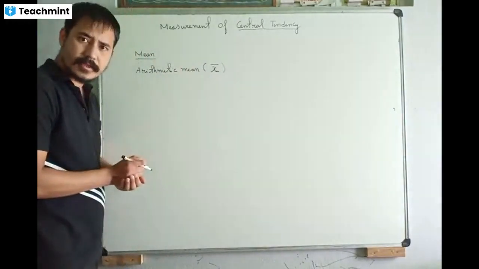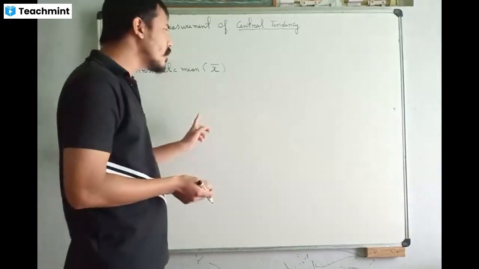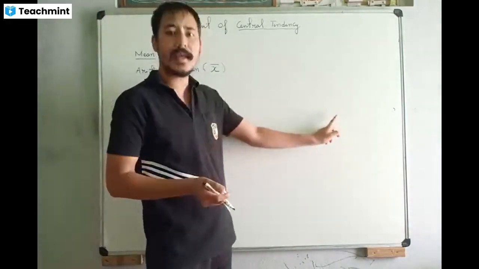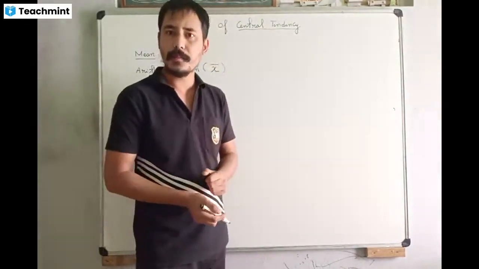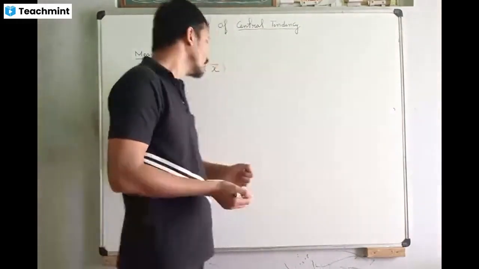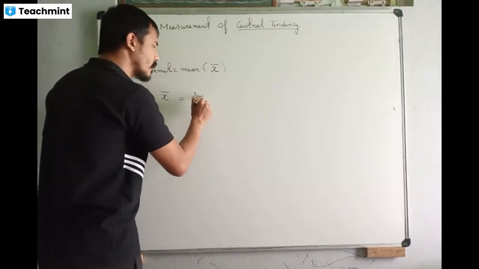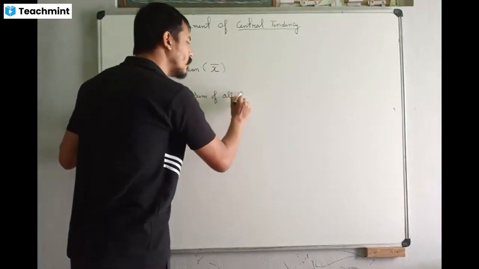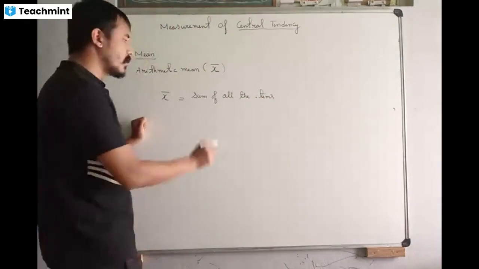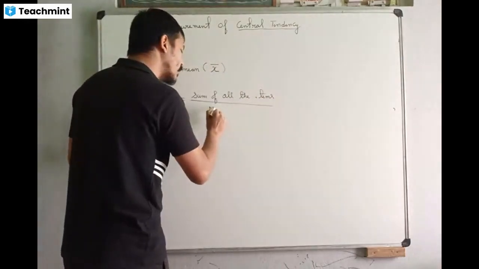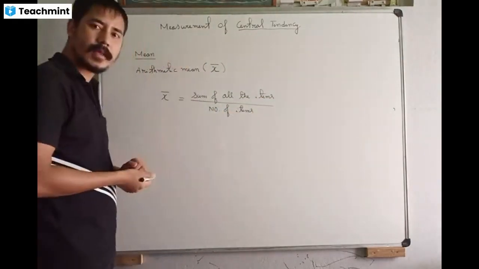It is defined as the number which is obtained by adding the values of all the items in a series and then dividing the total by the number of items. So arithmetic mean is defined as the sum of all the items in a series divided by the number of items.